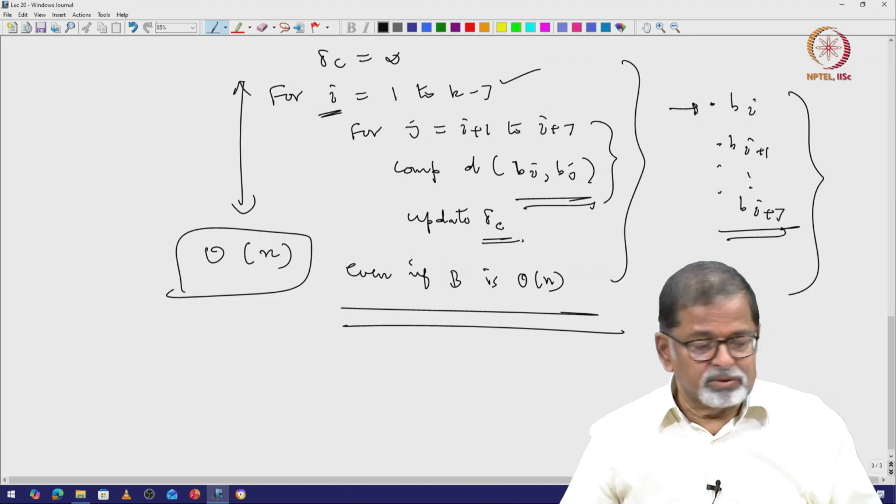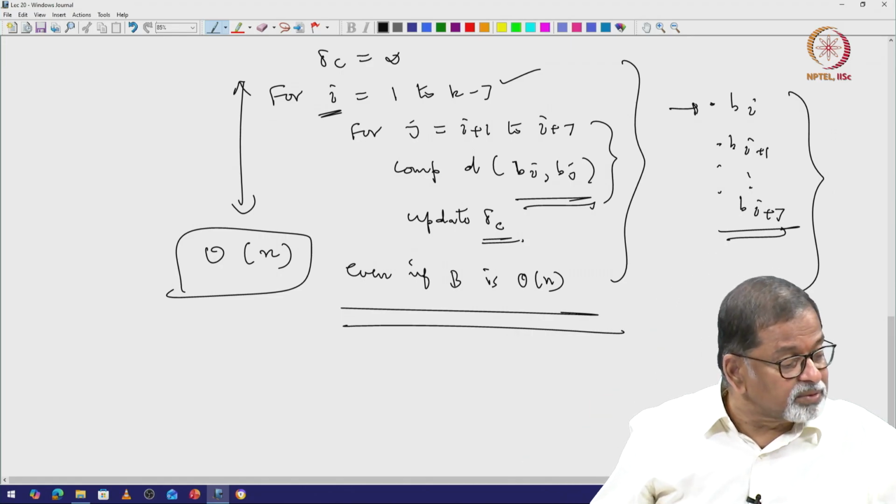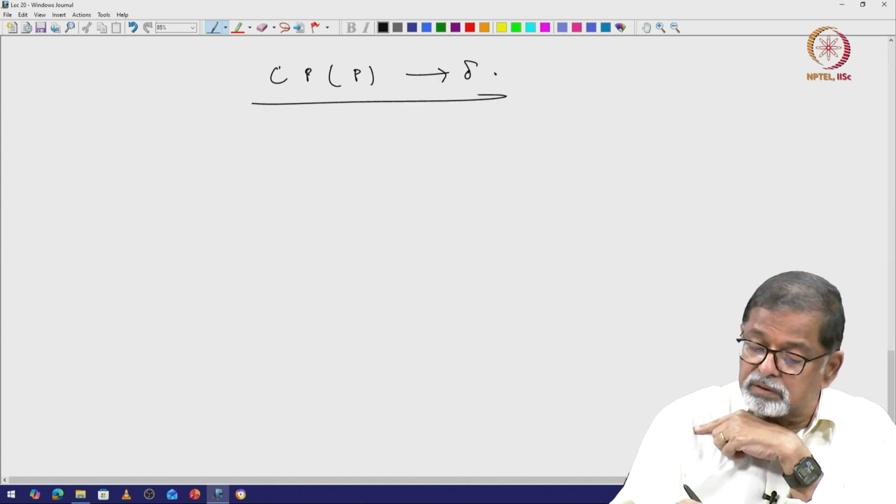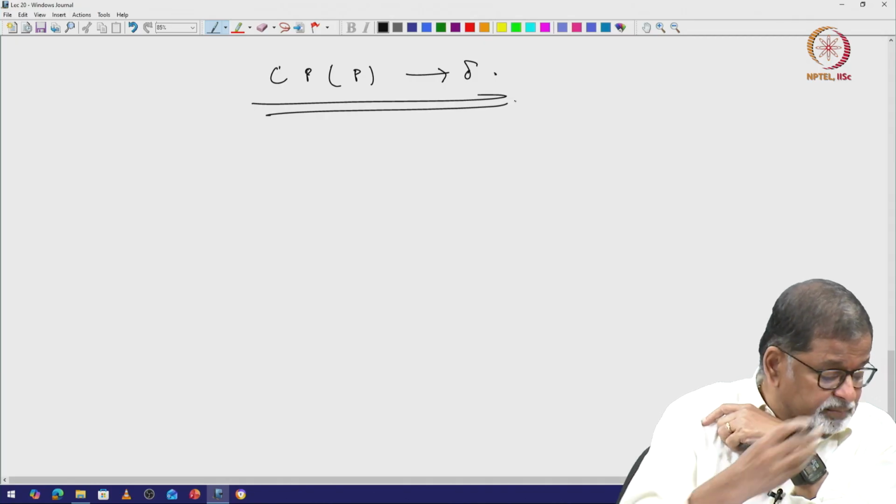So, now I will give the pseudocode summarizing the discussions. Closest pair of P is going to output the minimum distance delta.